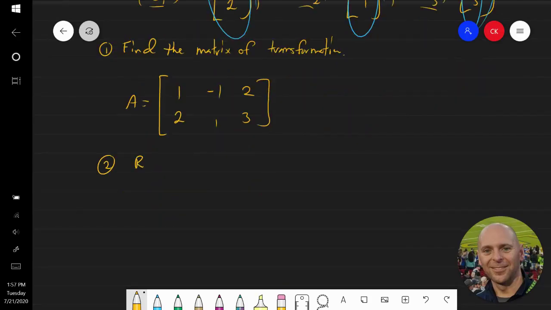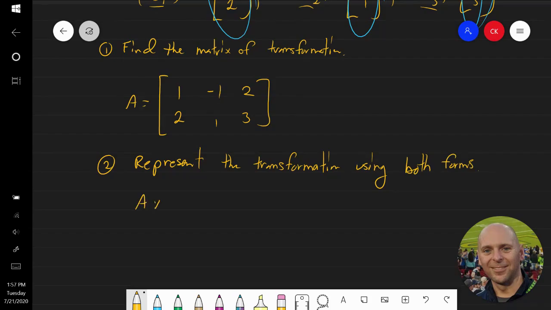We'll represent in part 2 here the transformation using both forms. One being just that A times x is in fact that transformation.